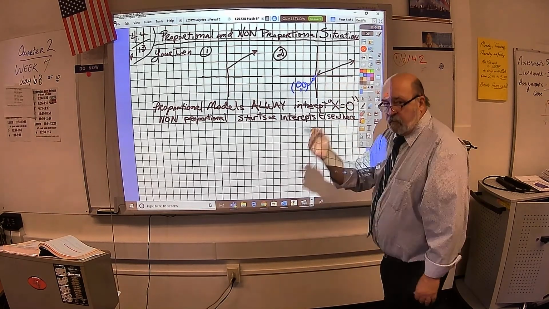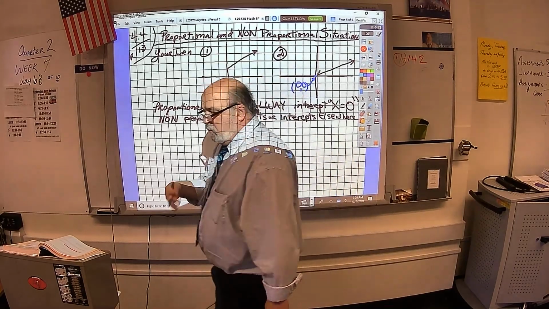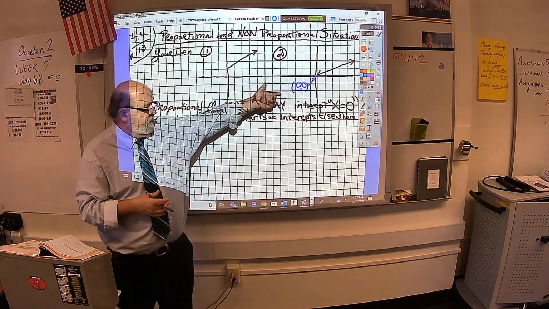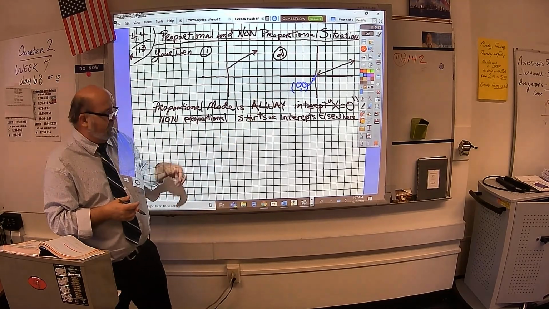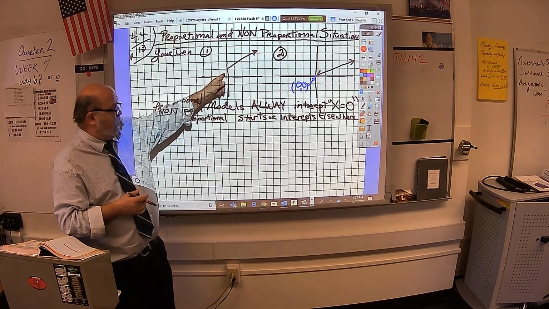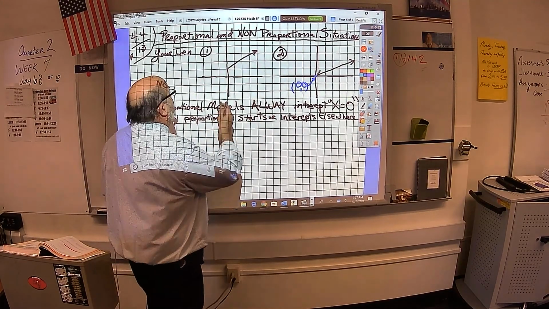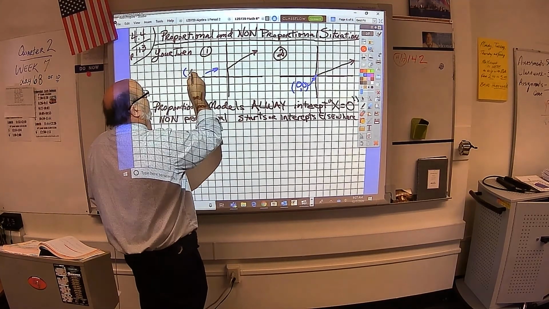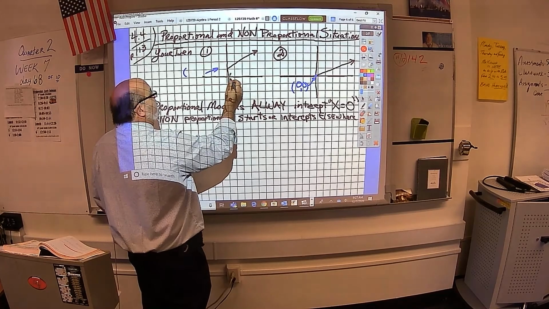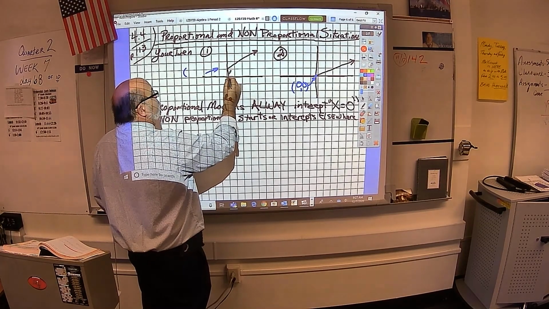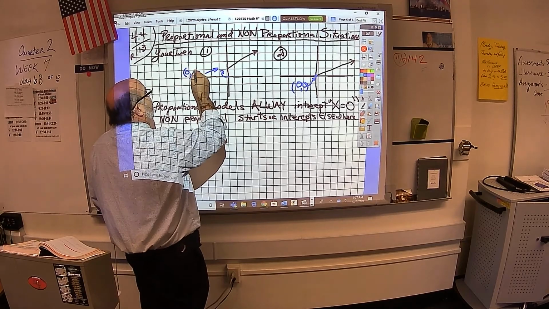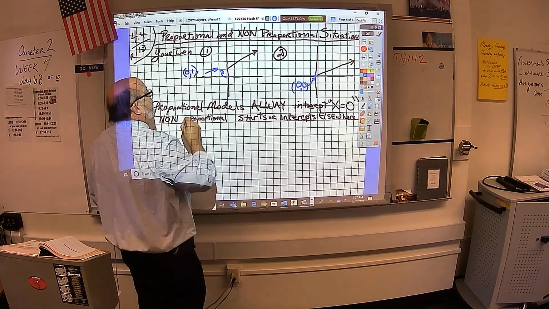If it had gone from negative to positive through the origin, that would be even better. This one, x is 0 and y is 1.